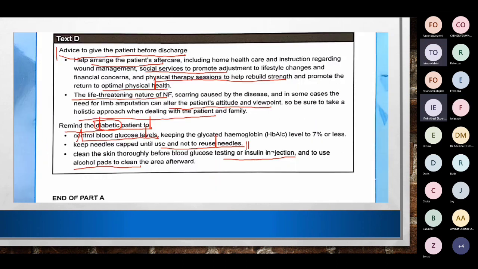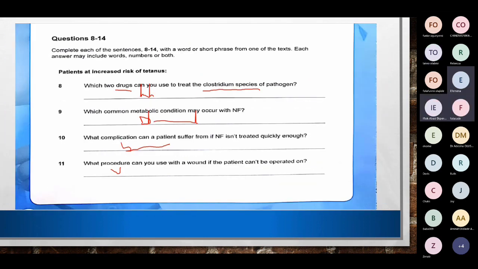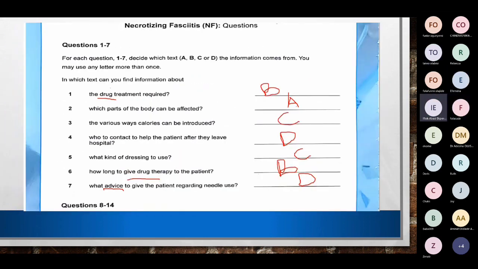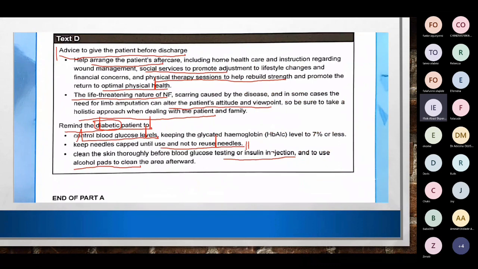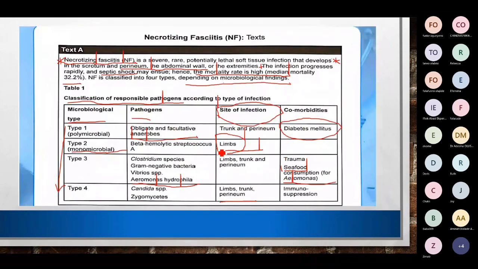So we're going to be looking at your next question, which is 18. It says type 1 NF is also known as. Where are we going to? Text A. To paraphrase that, it asks what's another name for type 1 NF, right? Text A. So what's another name for type 1 NF?